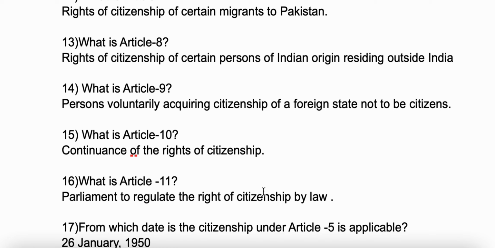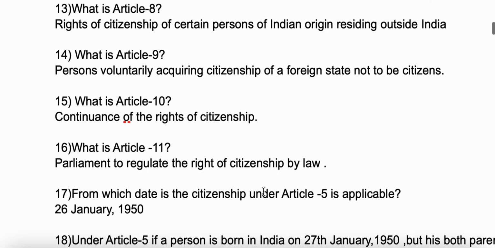Persons voluntarily acquiring citizenship of a foreign state not to be citizens. If I acquire German citizenship, at the same time I will lose my Indian citizenship. If I acquire citizenship of another country, immediately I will lose the citizenship of India. That is Article 9.